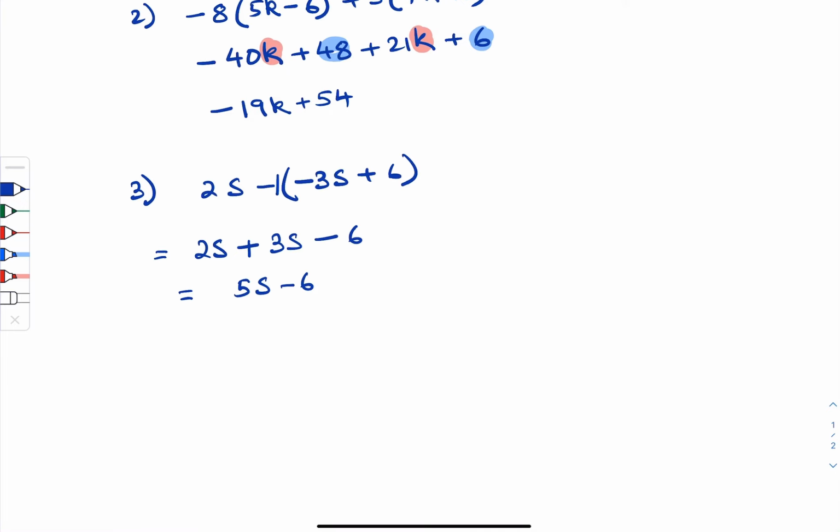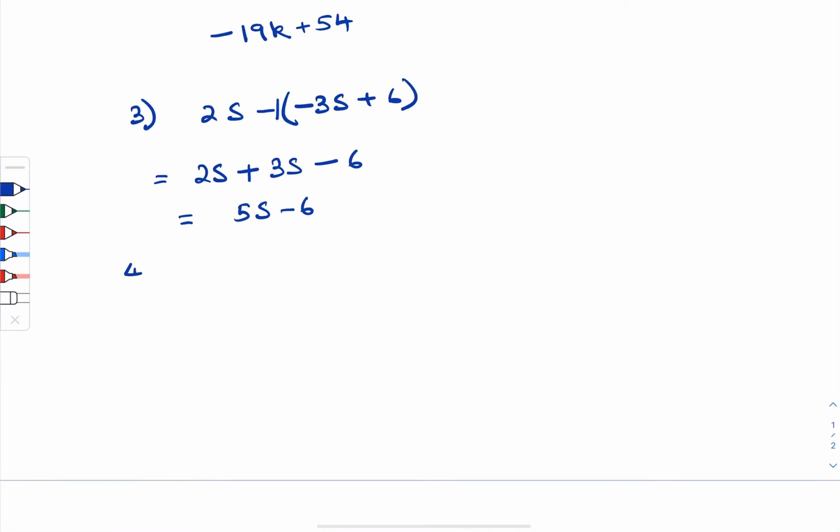Okay, let's do one more. So let's say you're given negative 4p plus p cubed minus p squared plus 8p plus 2. Okay, so now we have quite a few different terms out here. You have a p term.